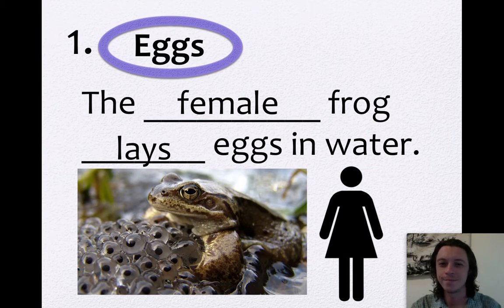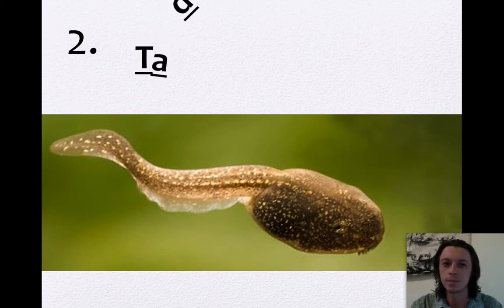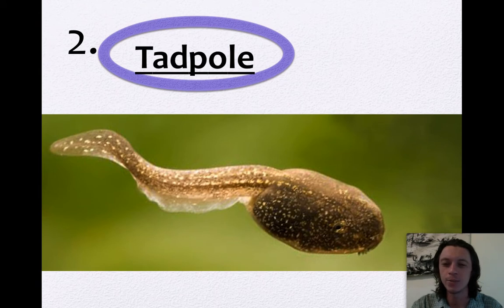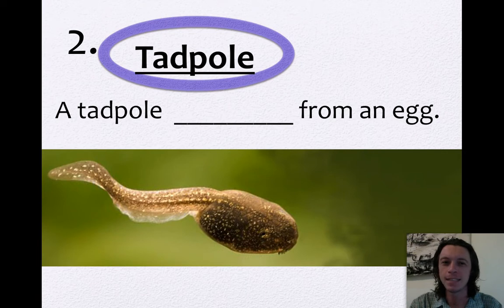Step 1. Step 2. Tadpole. Can you say tadpole? So, step 2 is tadpole. A tadpole hatches from an egg.